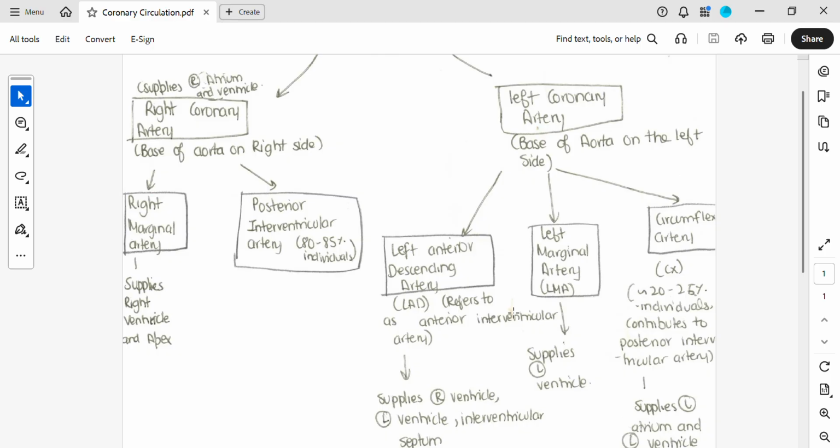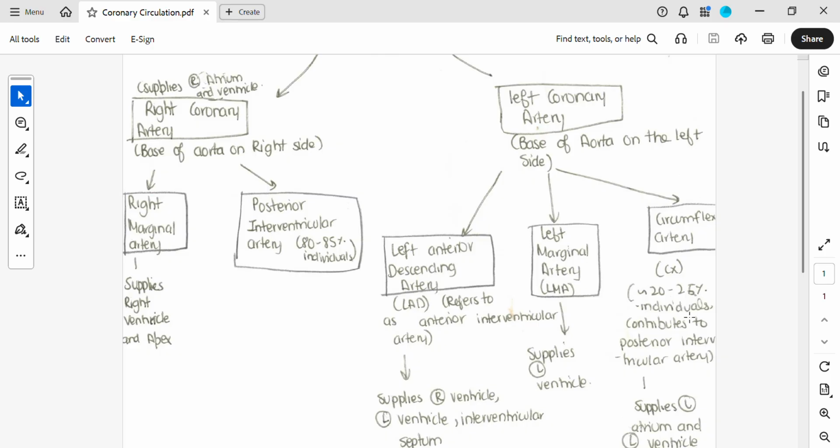Your left anterior descending artery feeds the anterior of the heart, which you can tell from the name, since there is anterior in the name. If there is damage to this artery, you will see changes in V1 to V4 in the ECG.